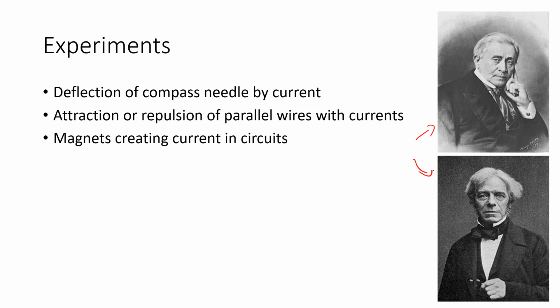A couple of phenomena that were essential to discovering this electromagnetic connection were the deflection of a compass needle when you ran a current through a wire nearby; the fact that wires in circuits would actually attract or repel each other, but only when there was a current running through them; and the fact that if you had a magnet near a circuit, that could affect the currents, the electricity running through.